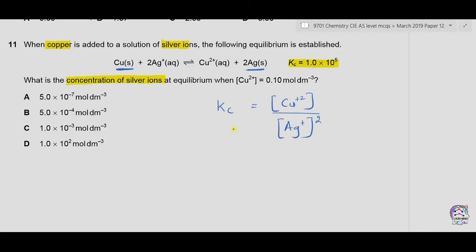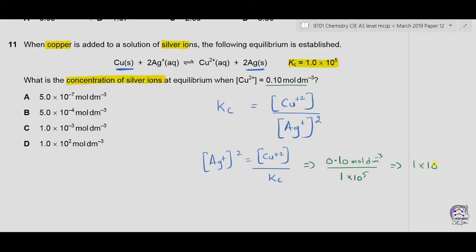As we have to find the concentration of silver ions, so we can write [Ag⁺]² is equal to [Cu²⁺] divided by Kc. Now putting the values, we have 0.10 mole per decimeter cube concentration of copper, and the value of Kc is 1 × 10⁵, so it is equal to 1 × 10⁻⁶ mole per decimeter cube.